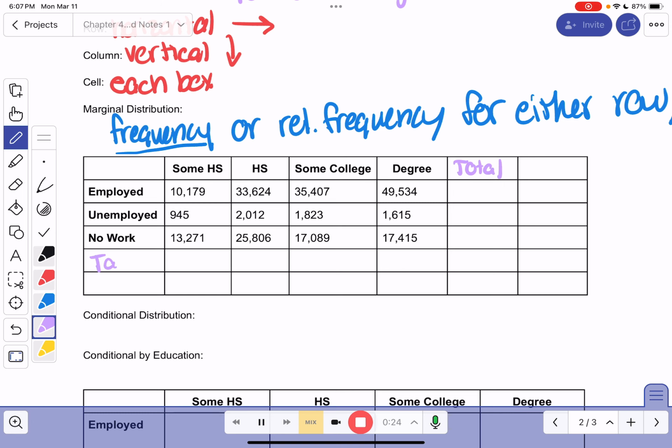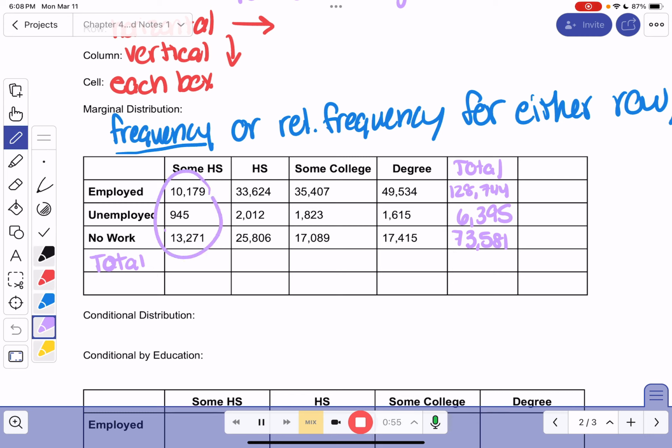So we would just add across this plus this plus this plus this. If I add those up, I get 128,744. If I add the unemployed numbers up, I get 6,395. If I add the never worked numbers up, I get 73,581. So there's our row totals.